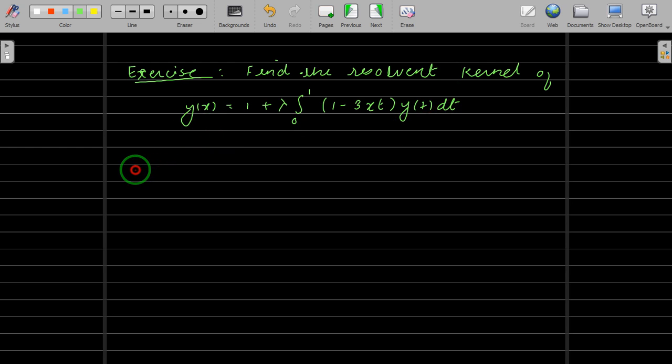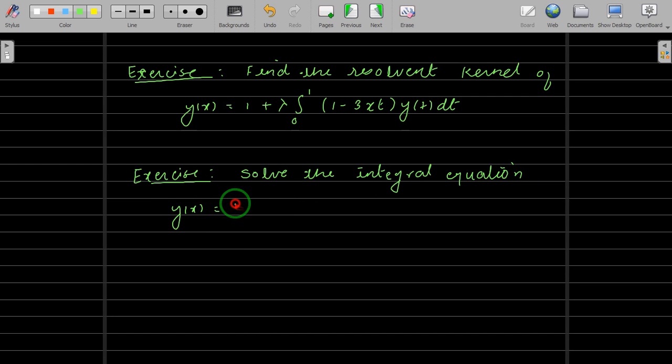And one more I will give. Find or solve the integral equation y(x) equals 1 plus lambda integral from 0 to pi of sine(x plus t) y(t) dt.